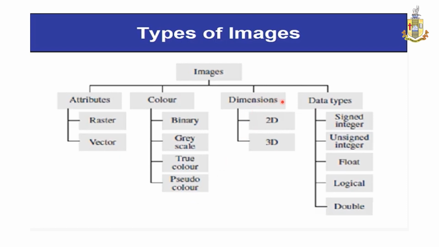Based on dimensions, you may have a two-dimensional image, three-dimensional image. And based on data types, we have different images like signed integer representation, unsigned integer representation, float representation, logical, and double representation.